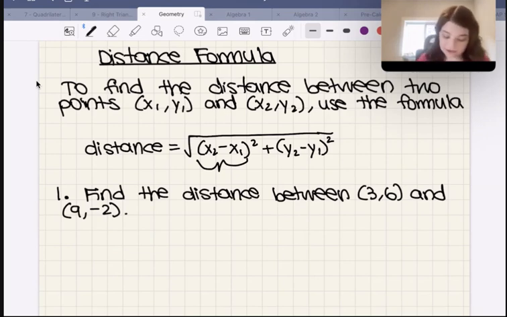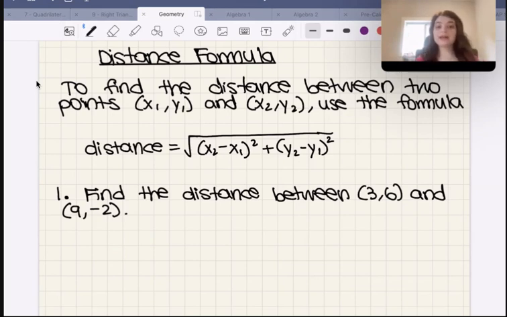And this represents the other leg squared. And to find the shortest distance between those 2 points, we're finding the hypotenuse, right? So in a way, this is the same as Pythagoras' theorem, but it's just kind of switched so that it's easier when we have coordinate points to plug in.